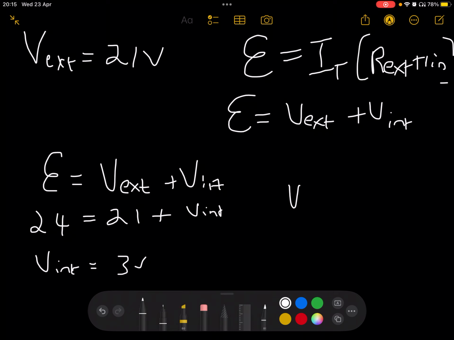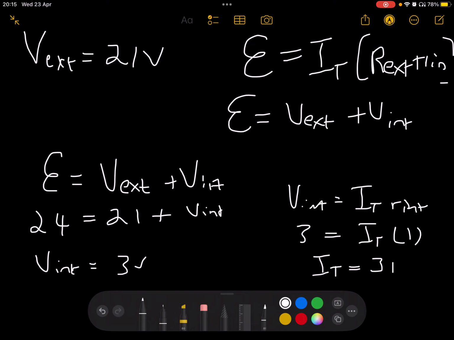And V internal is equal to I total times R internal. Now V internal is 3 volts, I total we don't know, and R internal we know is 1, such that the total current will be 3 amperes.